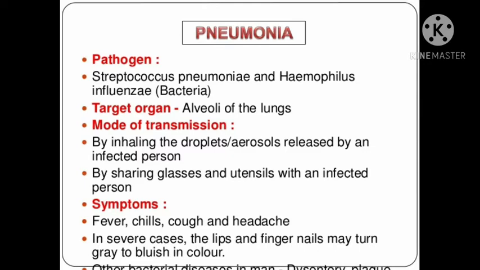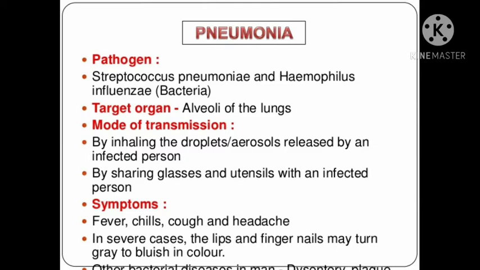How to prevent it, or what is the cure? In cases of mild pneumonia, antibiotics are given which can take care of the pathogen. Prevention is wearing a mask, avoiding going to crowded areas, also not sharing utensils used by the infected person, maintaining social distancing.